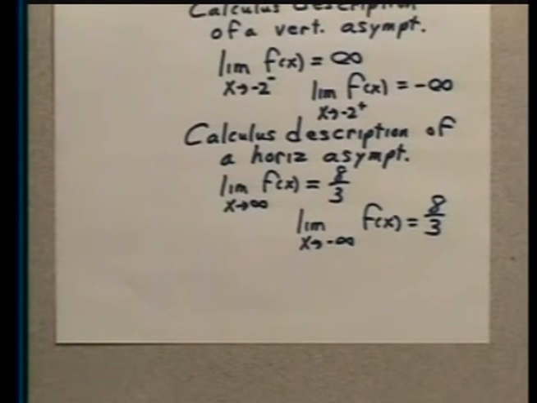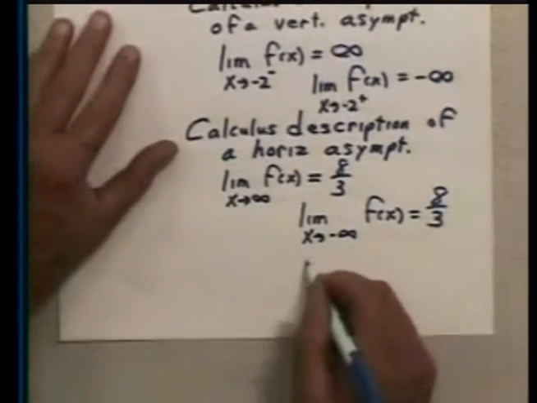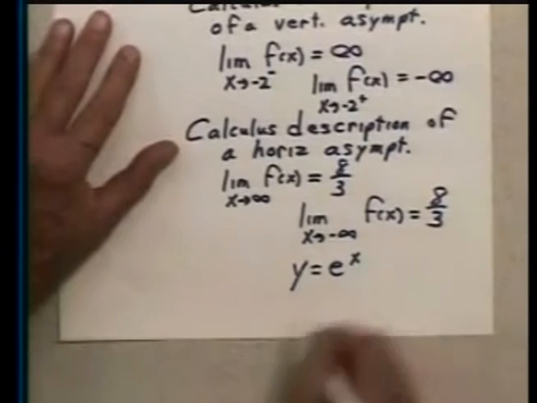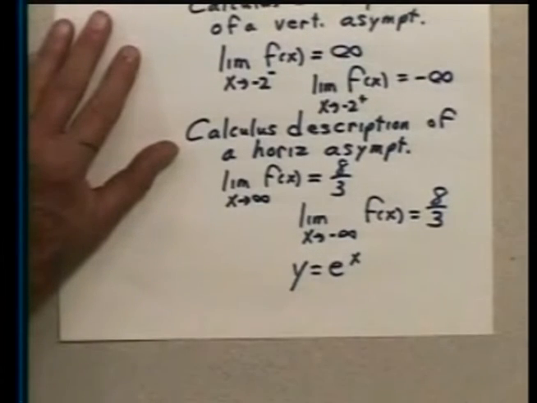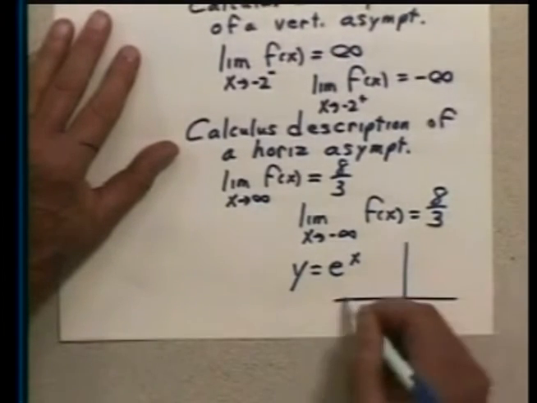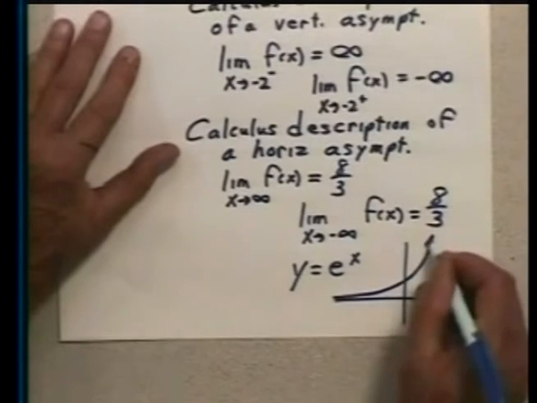Can you think of a curve which only has a horizontal asymptote on one side? One that we studied? How about that one? Do you recall the graph goes like this?